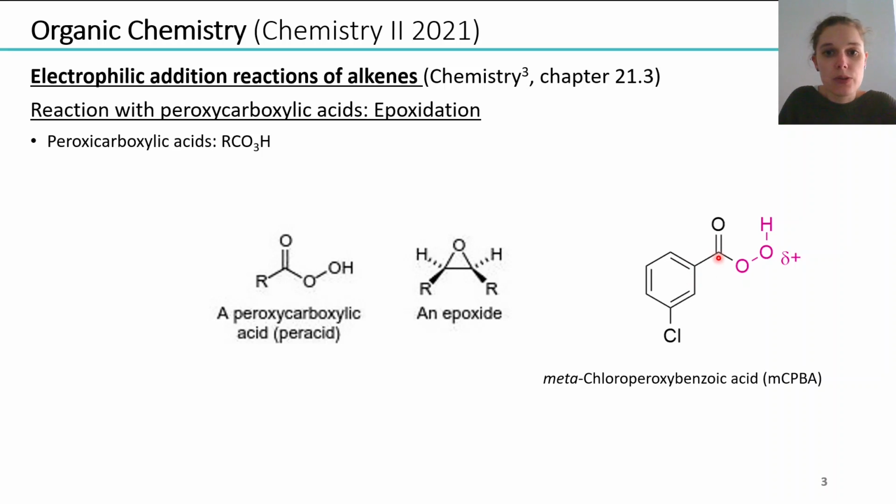We have this carbonyl group connected to an oxygen, and then this oxygen is again connected to a hydroxide group. And here we have the R substituent. Meta-chloroperoxybenzoic acid is often used because it is easy to handle and it is a solid which can just be stored in a fridge.